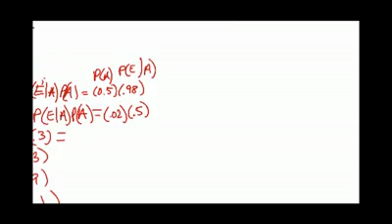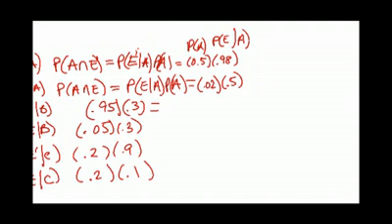So the first calculation was 0.05 times 0.98. The next one would be 0.02 times 0.5. The next one would be 0.95 times 0.3.